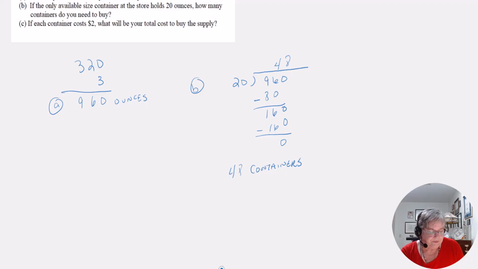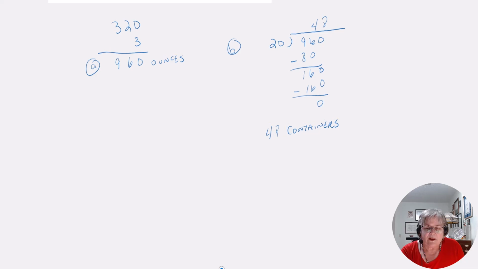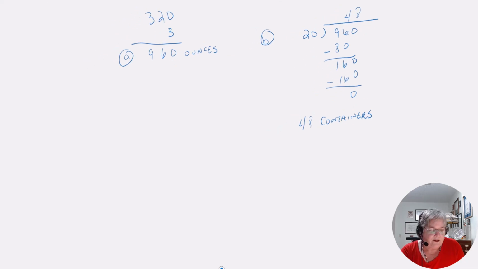Okay, and the last one says if each container costs $2, how much did you have to spend? So I have to buy 48 containers at $2 each. And sometimes they put parentheses back to back like this instead of just 48 times 2.